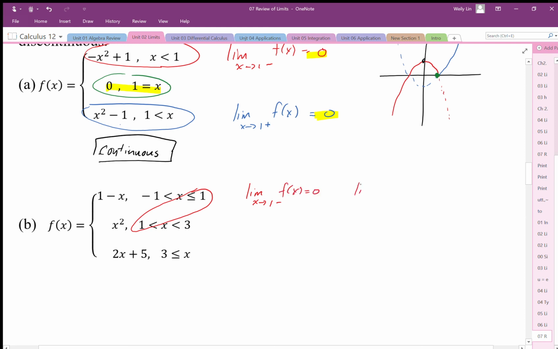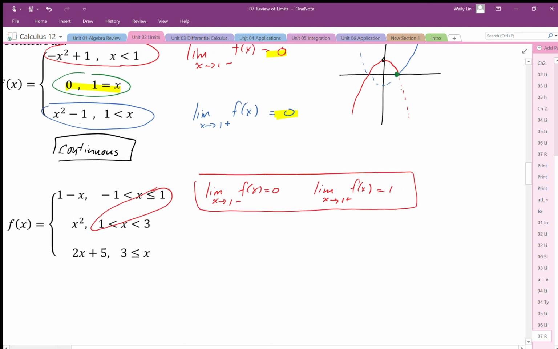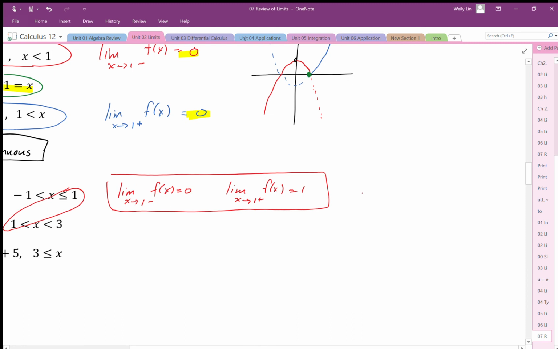And the limit as x approaches 1 from the positive side is going to be equal to 1. When I plug it into here, that's going to be equal to 1. So the limits do not match, so it must be discontinuous at x equals 1.